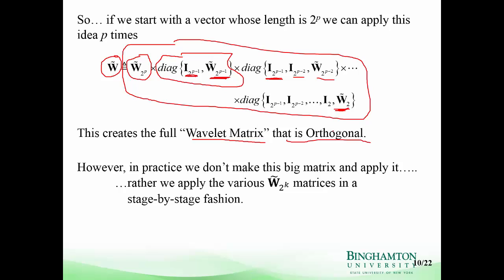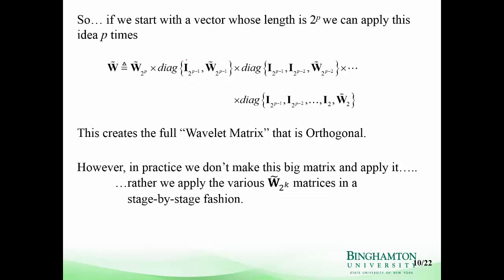But the reality is that we don't really, in practice, make this big matrix. We kind of apply it. We do each one of these things along the way. And we don't have to do anything to account for the identity matrices. So we don't really need to do anything for all of this stuff.